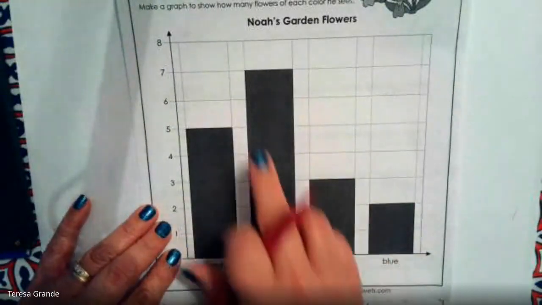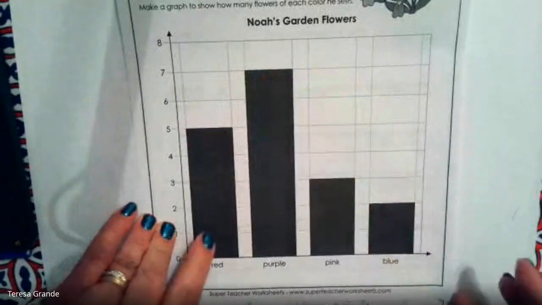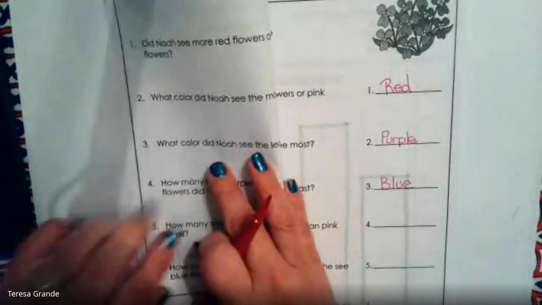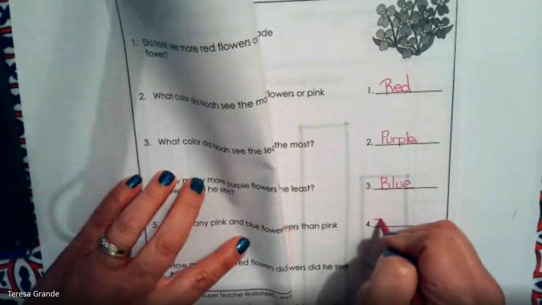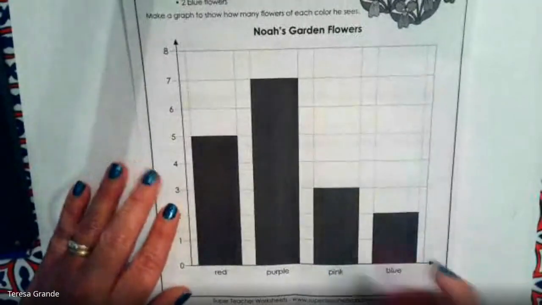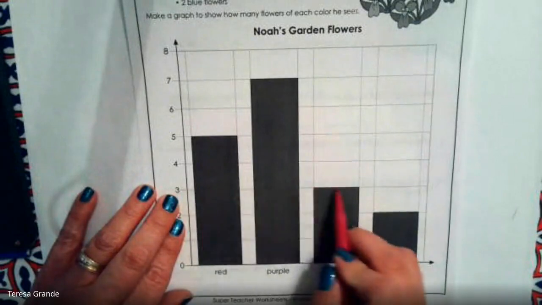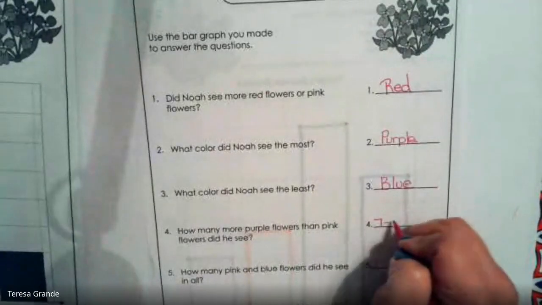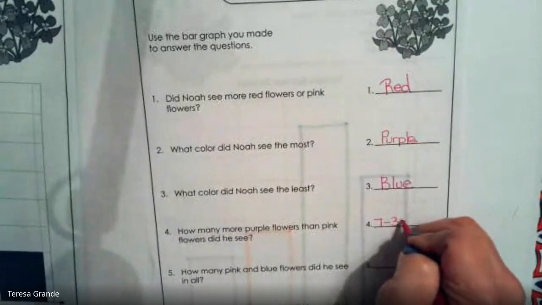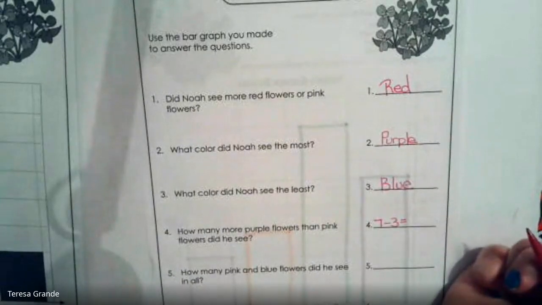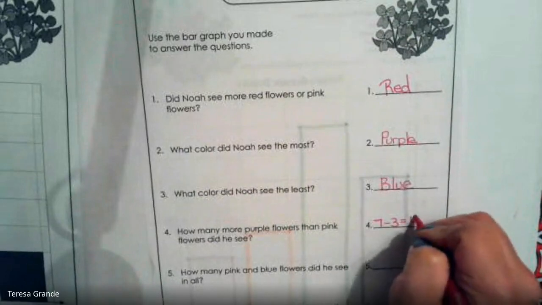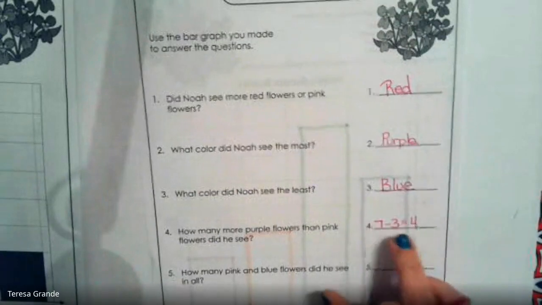How many purple? 7. So let's write 7 right here. And then pink is 3. So we take 7 minus 3 equals, very good, 4. He saw 4 more purple flowers than he did pink.